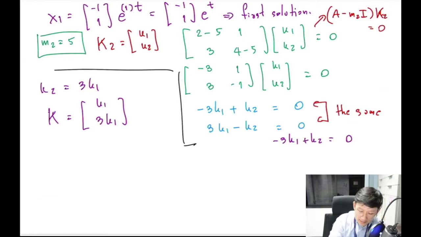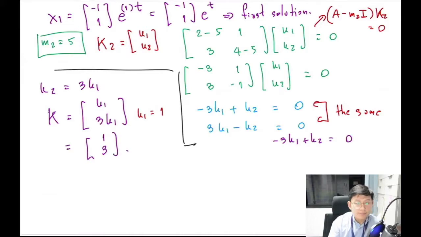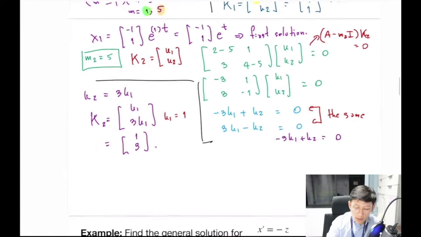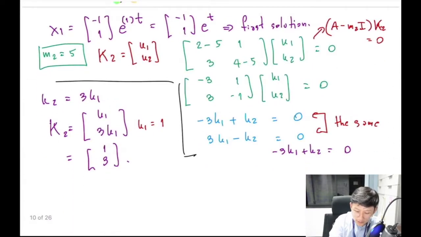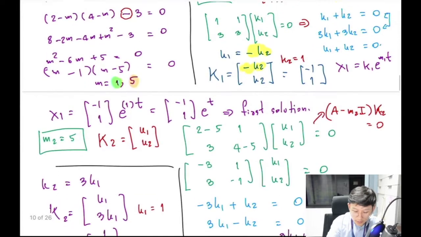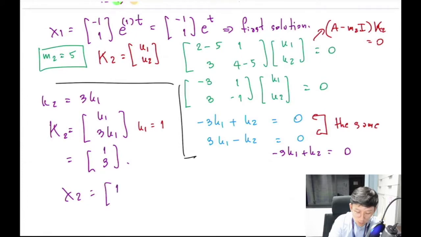So I let k1 be 1, so this vector would be 1, 3. So we get vector k2, which is 1, 3. So our second solution x2 would be k2, which is 1, 3 e to the 5t.